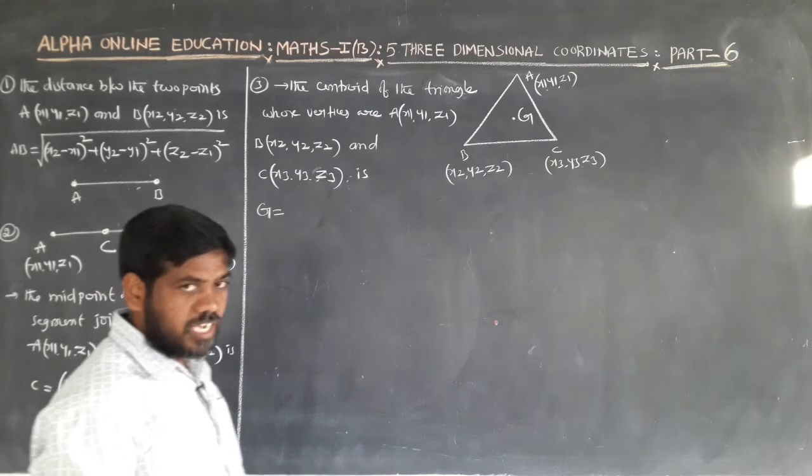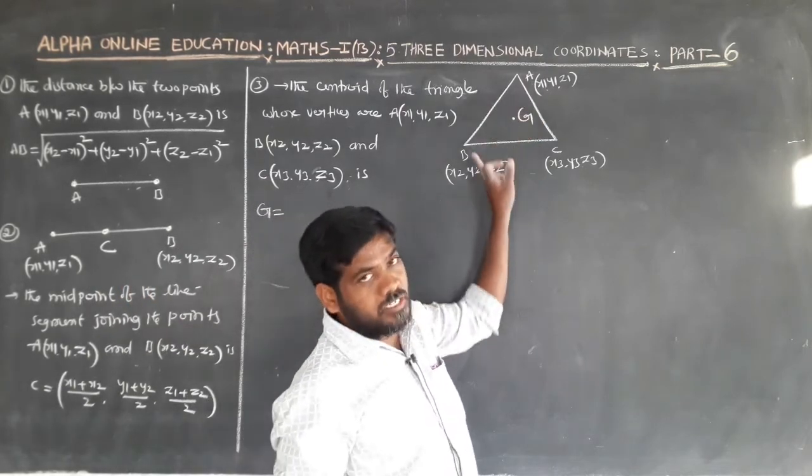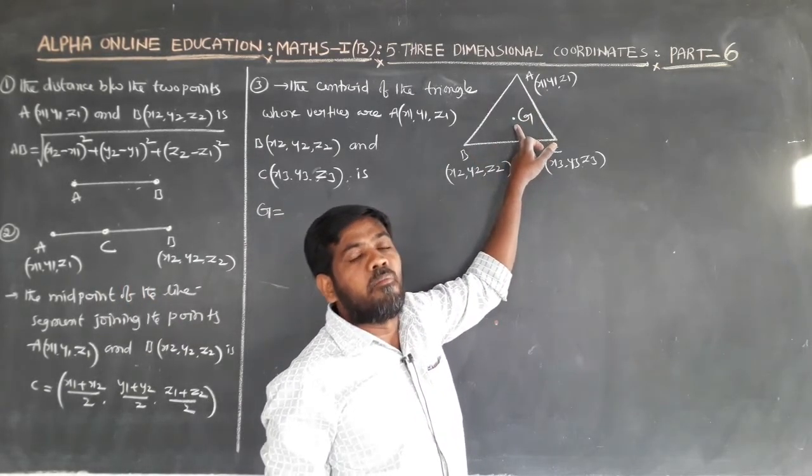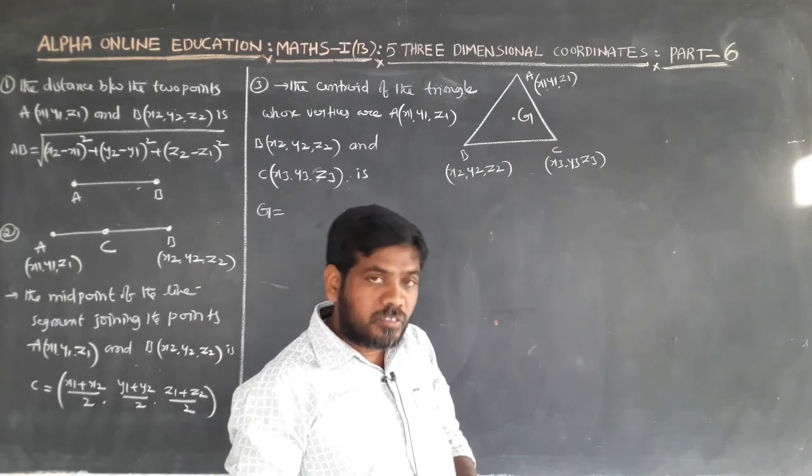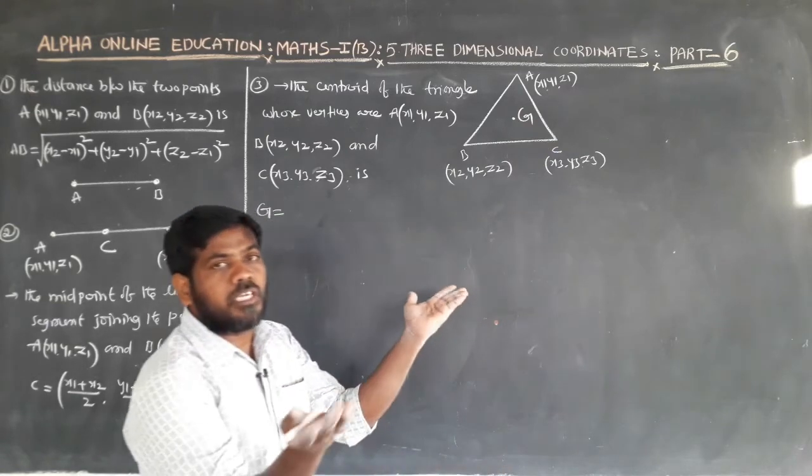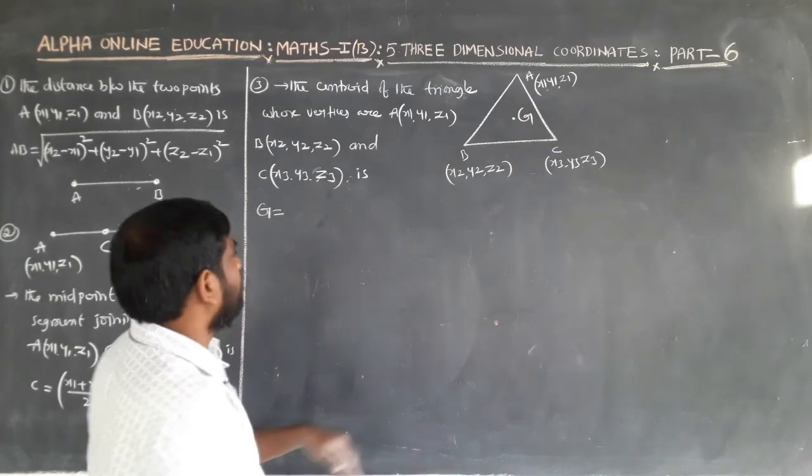vertices are given, that is 3 points. Here G is the midpoint of the 3 points. So 3 coordinates adding by 3.